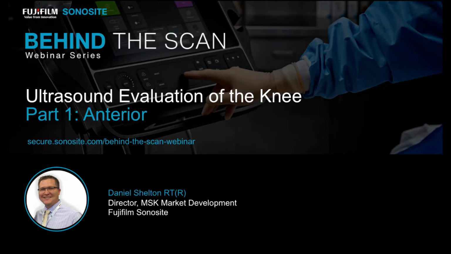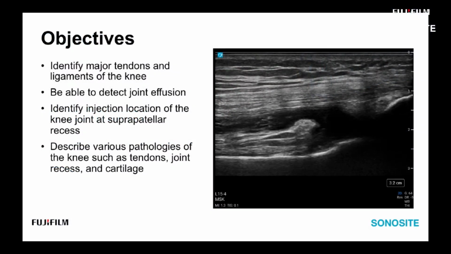This is part one, as we mentioned, of a three-part series. Today we're going to talk about the anterior knee. The objectives of this webinar are not comprehensive, but we will be identifying the major tendons and ligaments of the knee. We should be able to detect a joint effusion, identify injection locations, and also identify the outlines of the suprapatellar recess.